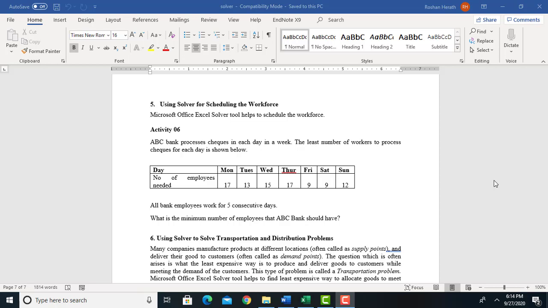Because when it comes to a business organization, they always try to maximize the profit. In order to maximize the profit, the cost needs to be minimized. Hence, the organization would love to see that there would be a minimum number of employees in order to perform a particular operation. So thereby, their bottom line can be enhanced.